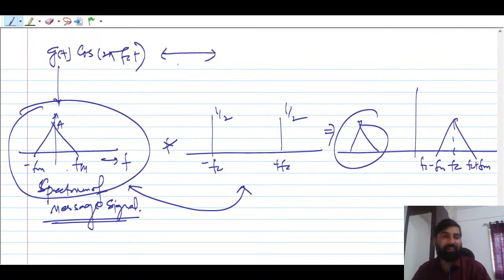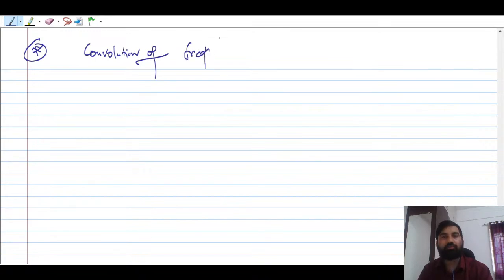So, convolution with the message signal. Few points you have to note down. Convolution of the message G(f) with the impulse in the frequency domain only.